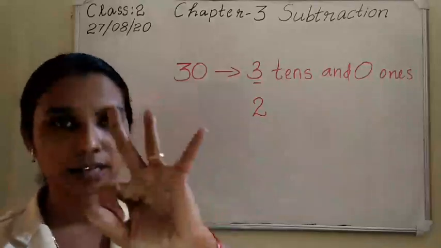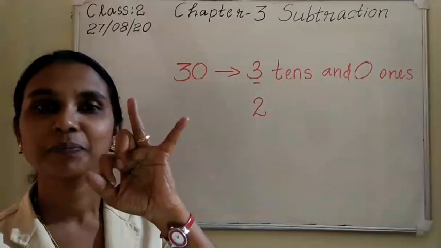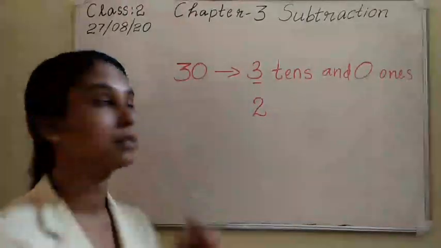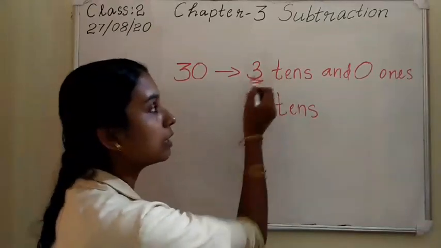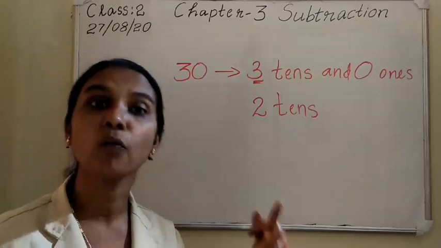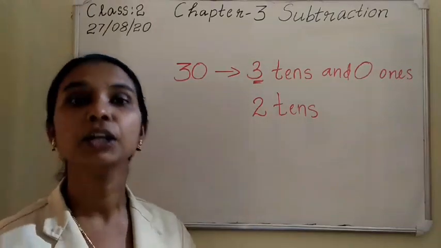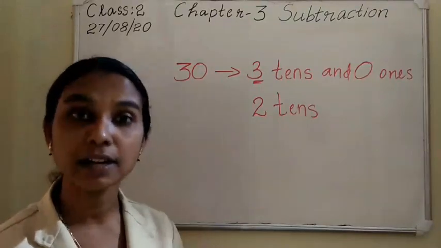Then it becomes 2 tens. Then 1 ten you give to the ones place.